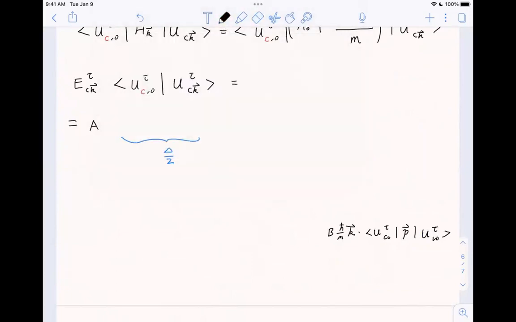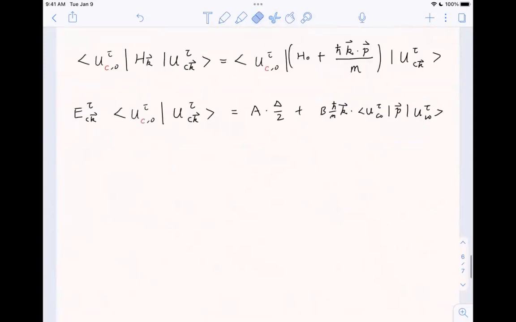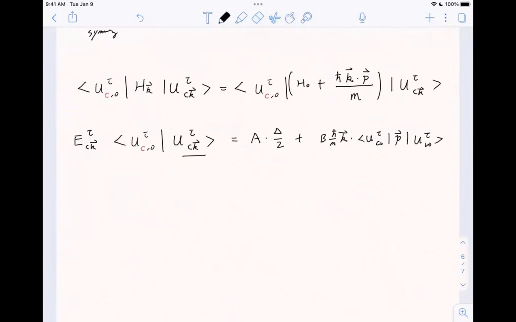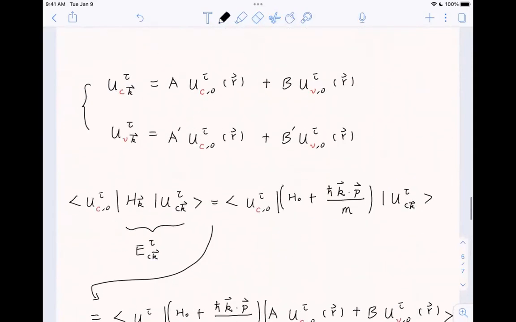Okay, so this is A times delta over 2 plus this. And what is this? This thing is this part, right?